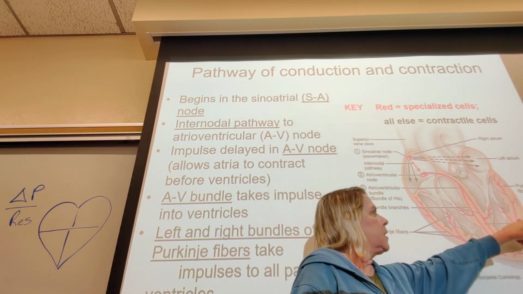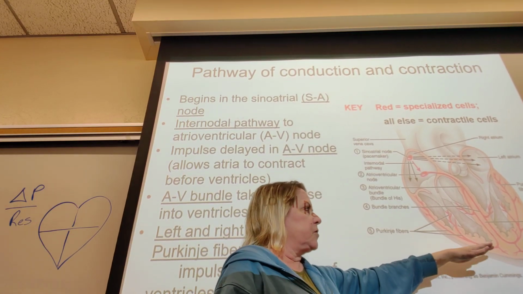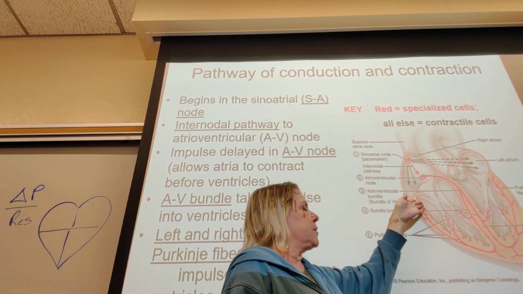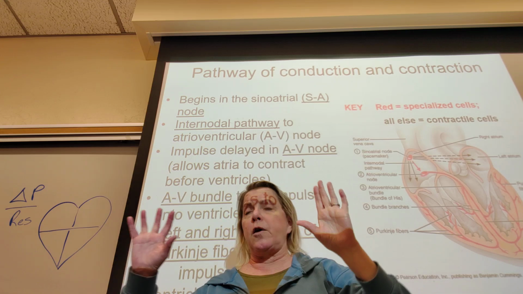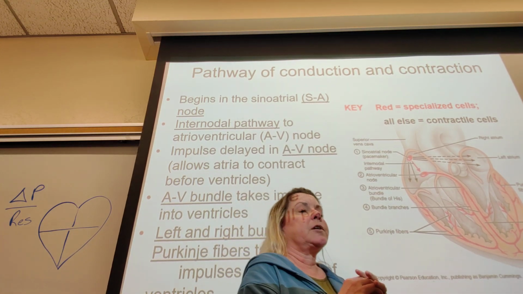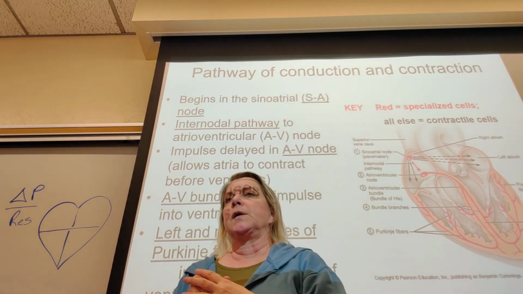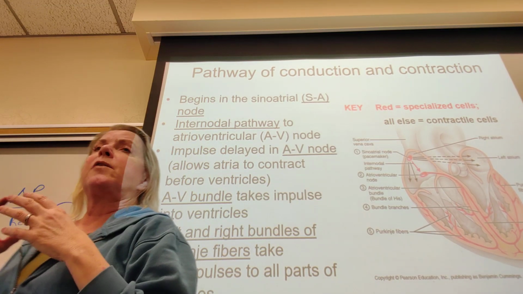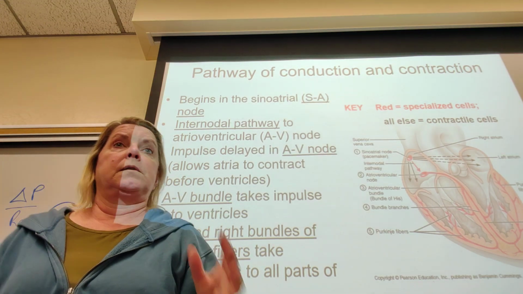And then they arch around the ventricular walls. And over here, these are large cells, and they have a lot of intercalated discs. These are called Purkinje fibers, and they allow the action potential to spread very, very quickly.